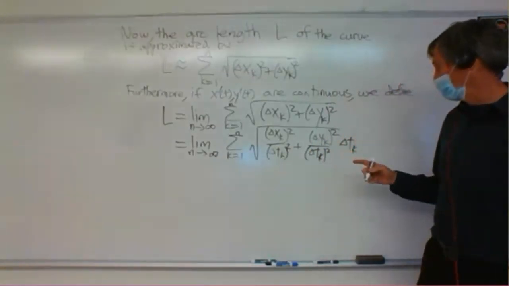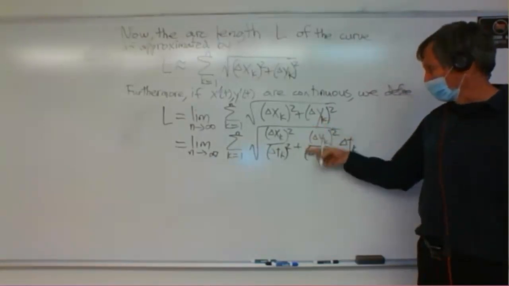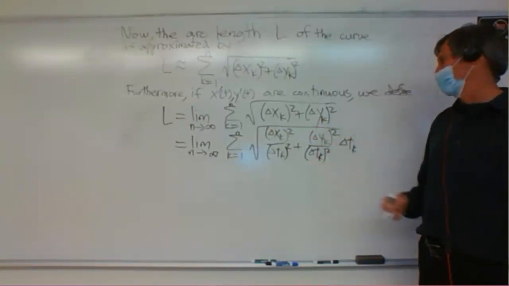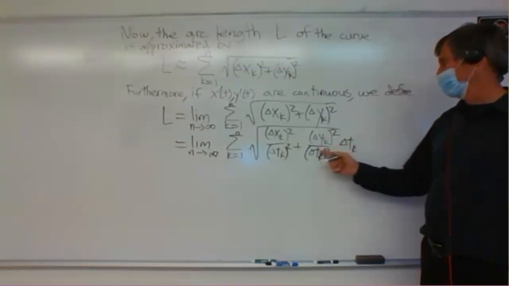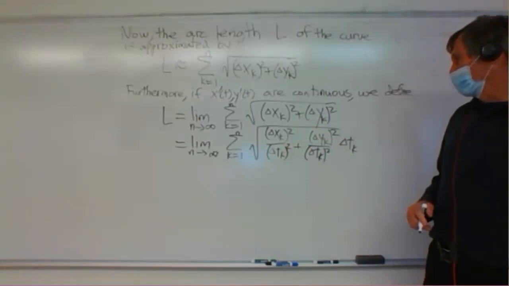And so this is actually the same quantity, right? Because the delta tk outside cancels the 1 over delta tk squared inside the square root. But now something interesting is happening.